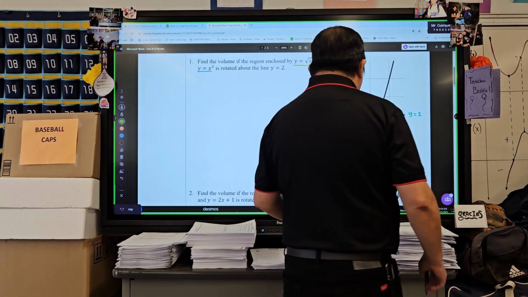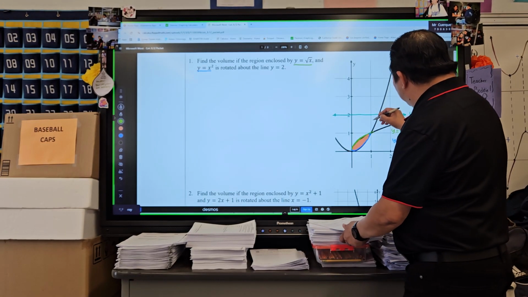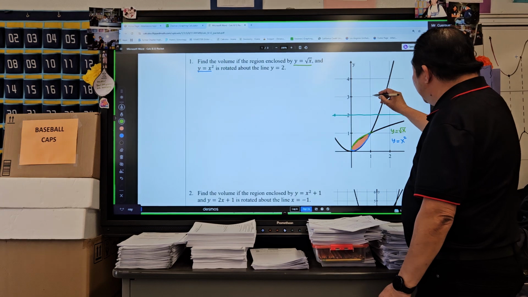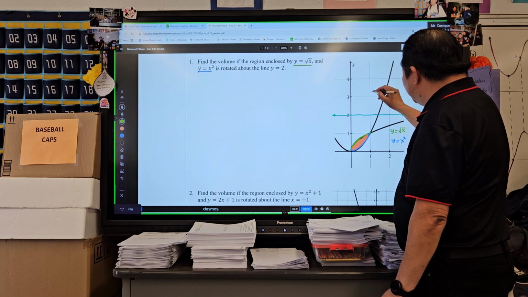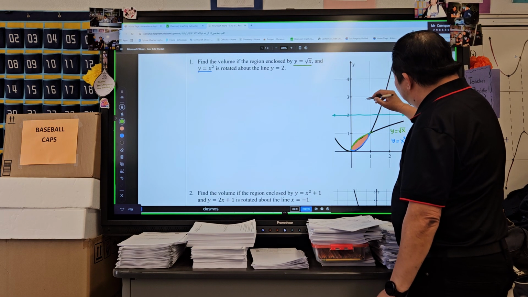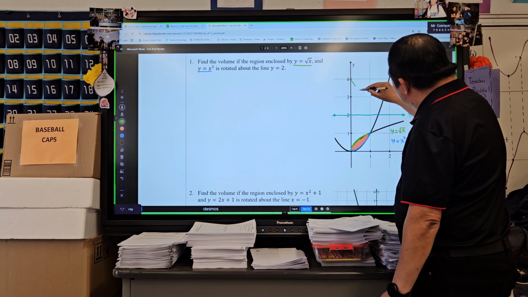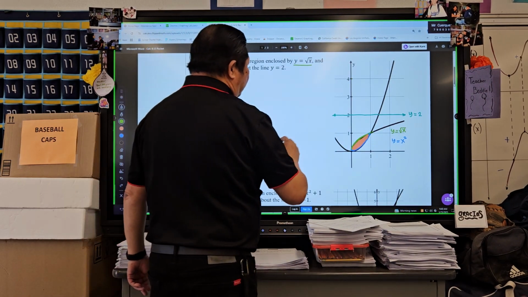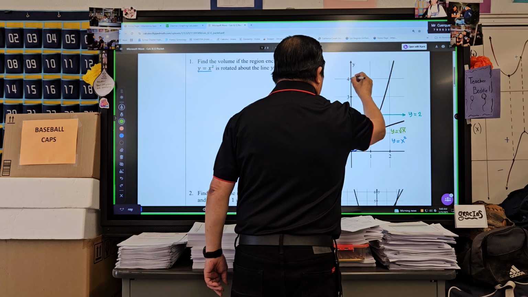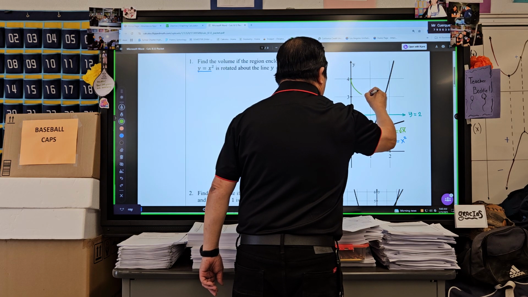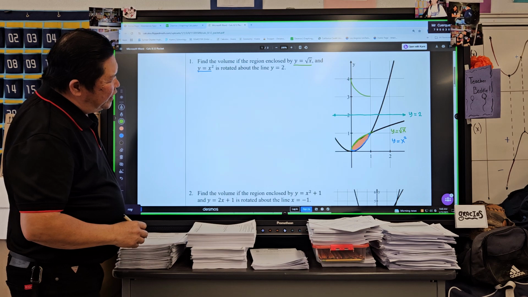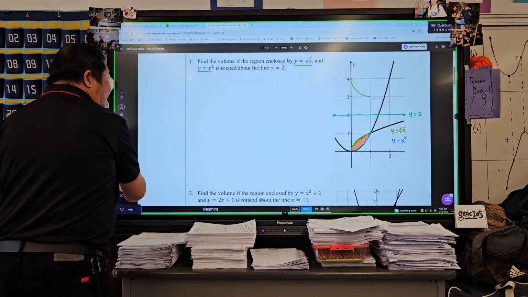So it's being revolved right here. This is the center. If this is revolved, the green goes this way. Oops, sorry, it's not exactly a curve. Is that the right graph?